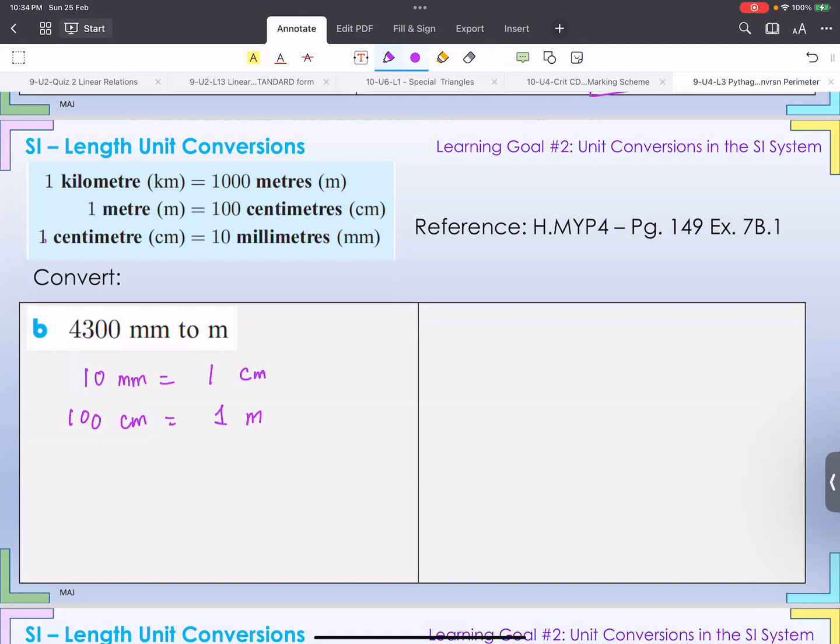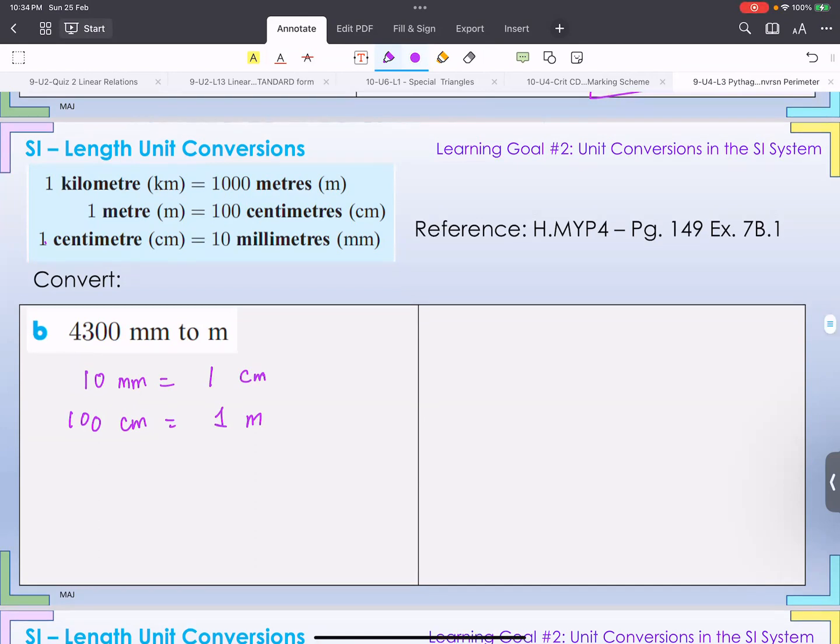If you wanted to write this in millimeters, it is 100 centimeters multiplied by 10 millimeters per centimeter is 1 meter.